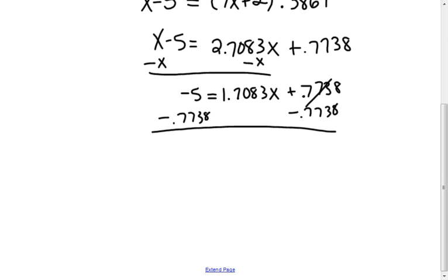Okay, and then I will have negative 5.7738 equals 1.7083x. Divide by that.